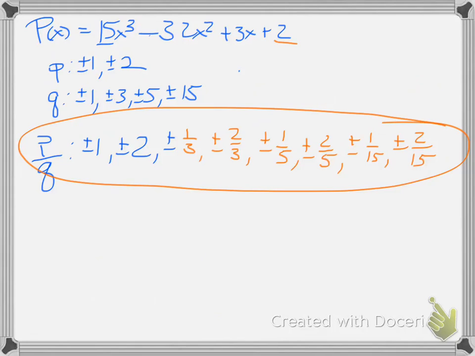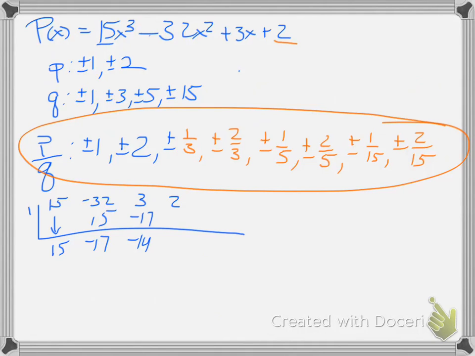In this one, I don't need to find 2 of them. I will only need to find 1. So when I start, I'm going to start with positive 1, 15, negative 32, 3, 2, no missing terms. So that's going to be 15, negative 17, negative 14, negative 12.